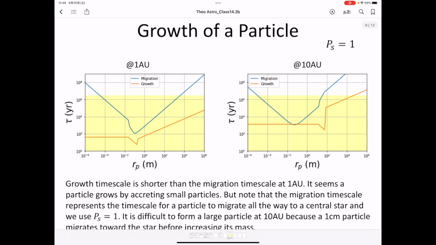Orange curves show the growth timescale, and the blue curves show the migration timescale. Growth timescale is shorter than the migration timescale at 1 AU. It seems a particle grows by accreting small particles, but migration timescale represents the timescale for a particle to migrate all the way to a central star.